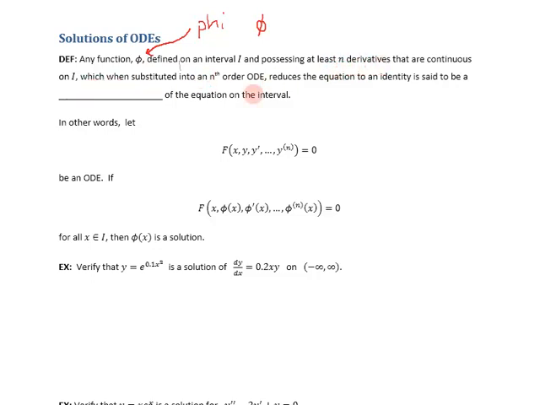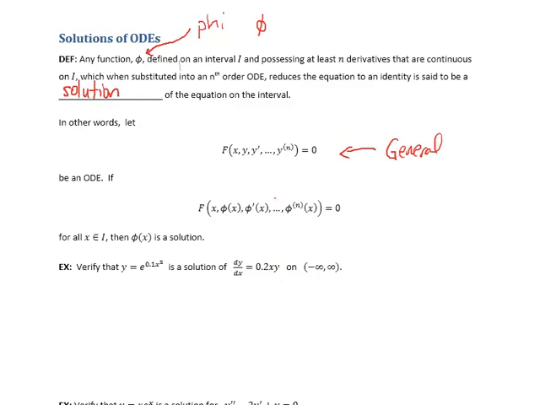And when we substitute it into our nth order ordinary differential equation, it actually reduces to an identity, meaning that it satisfies the equation. In that instance, that's what we call a solution of the equation on that interval. In other words, if this is your ODE, which you'll remember is called the general form, then if I were to plug in phi of x into that, I end up with an identity, meaning it actually solves that equation.